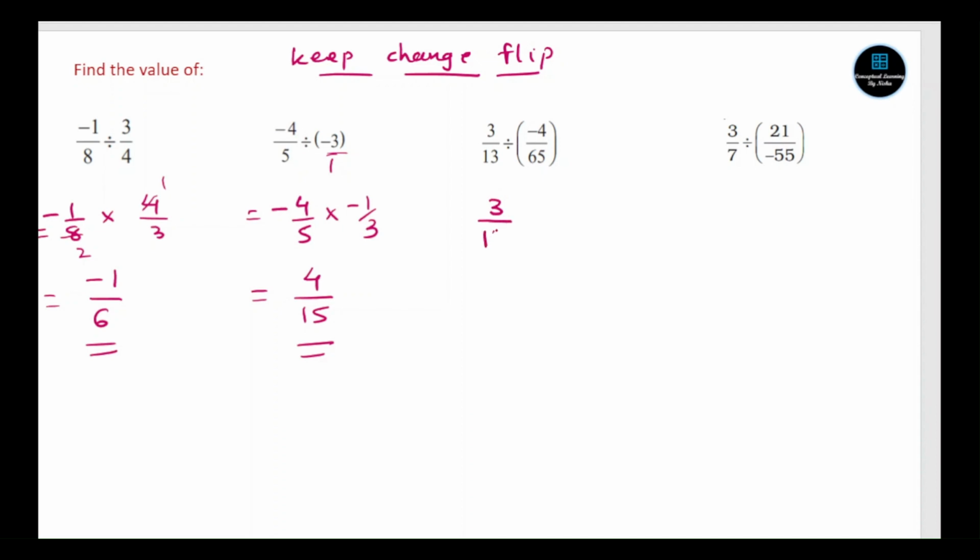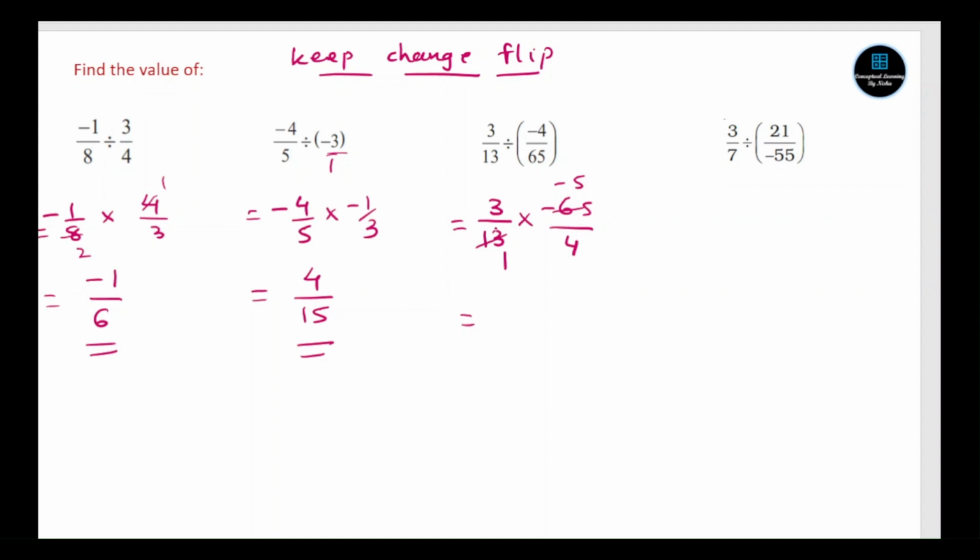3, 13 as it is. First number keep. Division sign to multiplication, change. Flip the second number. So minus 65 over 4. Now I can cancel out this. 13 1 times, 13 5 times. Decide the sign.